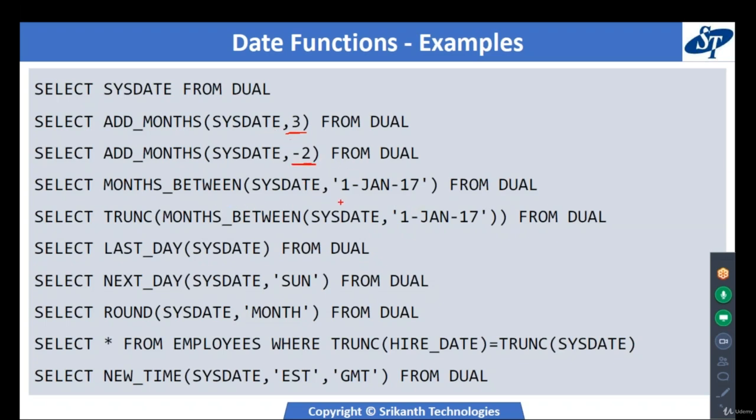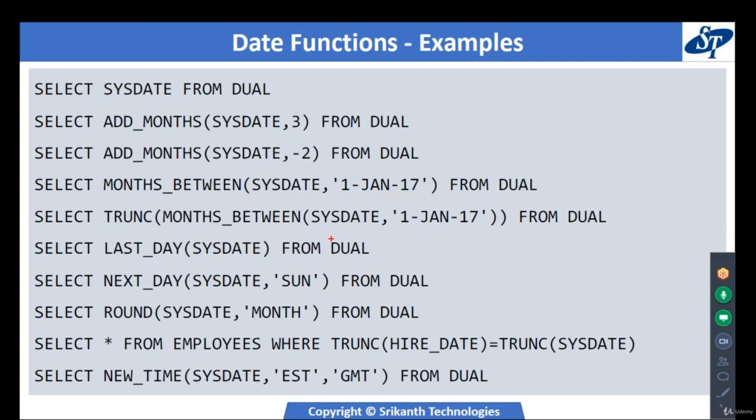And months between is saying find out the number of months between sysdate and 1st January 2017. And then this is going to give you how many months are there plus a little fraction. And the fraction indicates how much of the next month is already over. That means the gap in terms of months and also the percentage of next month.